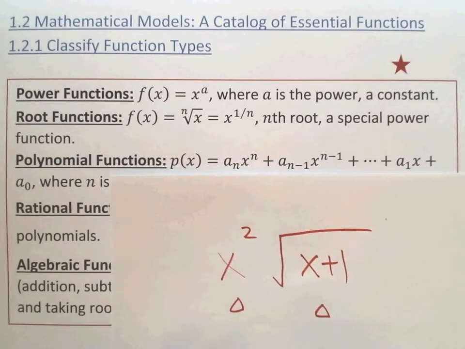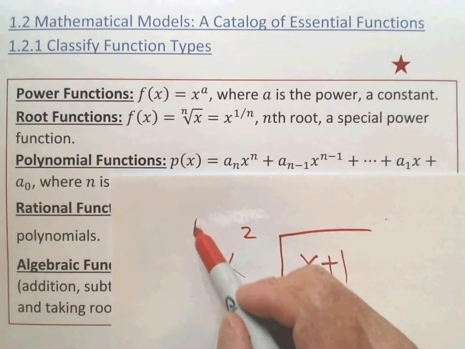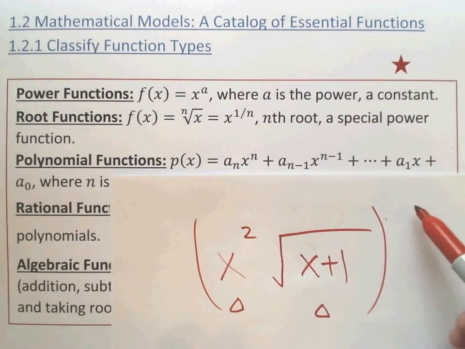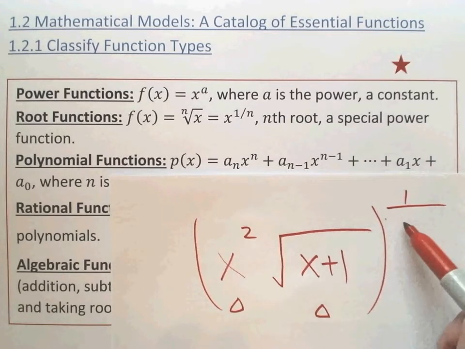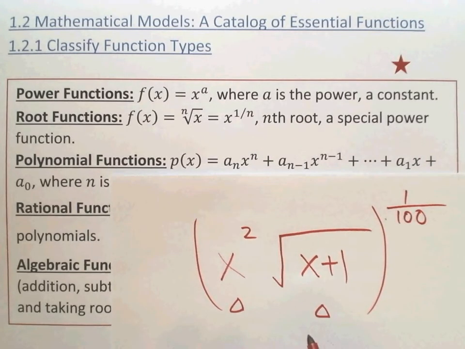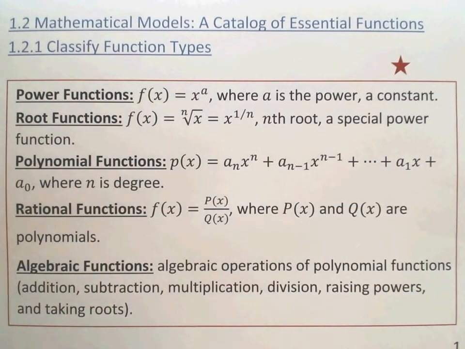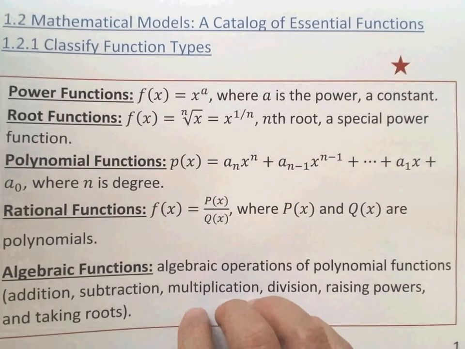Or something like 1 over a hundredth power. See, this is taking a power, so this is still an algebraic function. This is the first basic type. And then we have the second basic type, you're going to see.